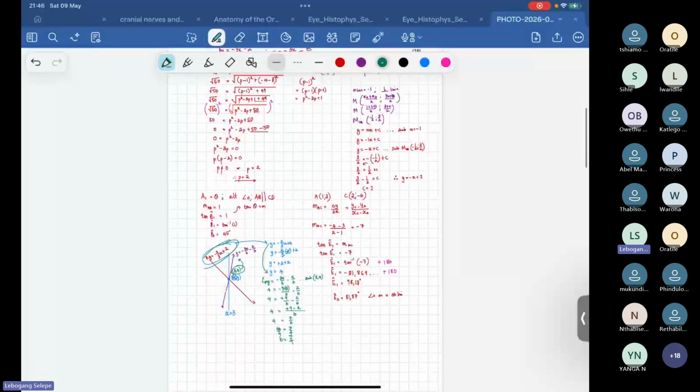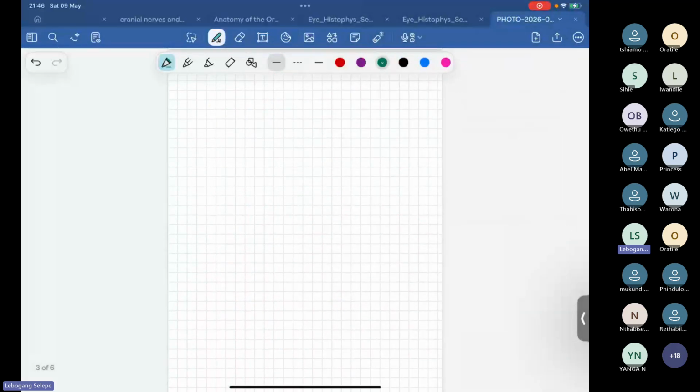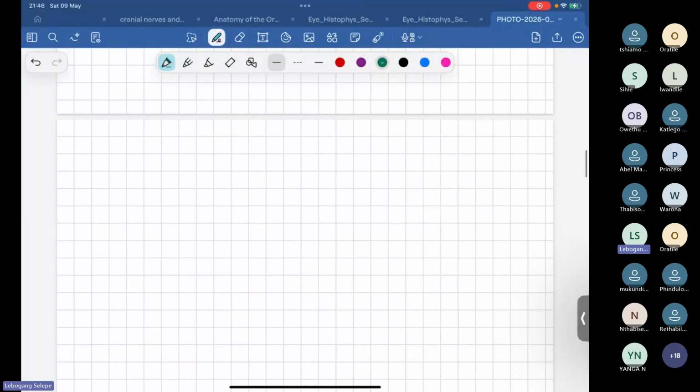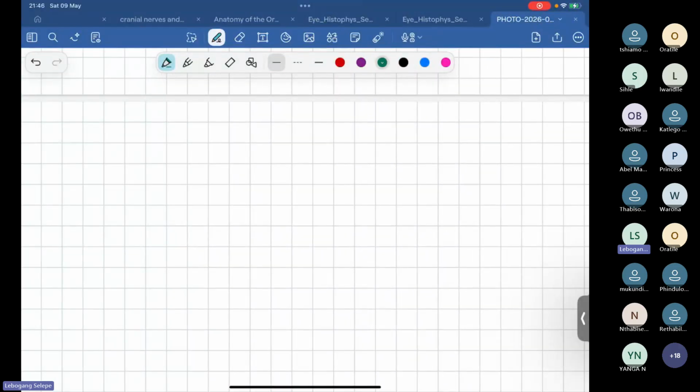So remember already we had started with this because we're looking at a straight line function. So what we're looking at in analytical geometry is a straight line function. Just to remind you.